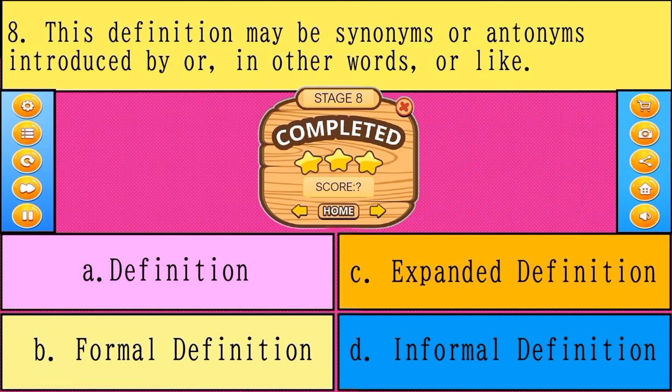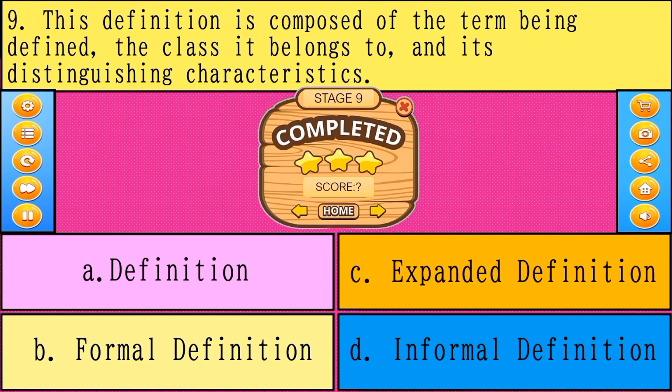Answer is D. Informal definition. Number 9. This definition is composed of the term being defined, the class it belongs to, and its distinguishing characteristics.